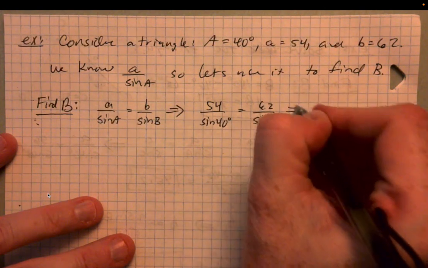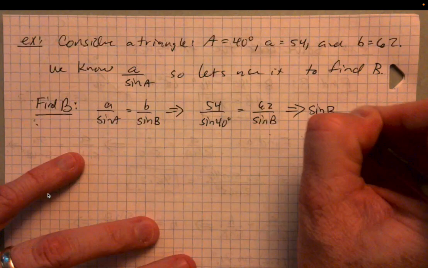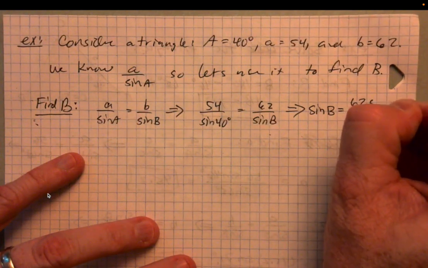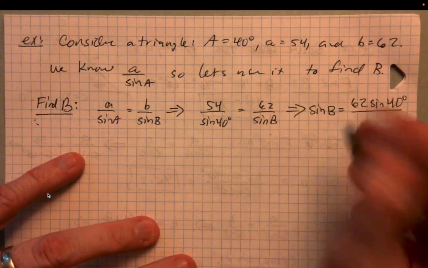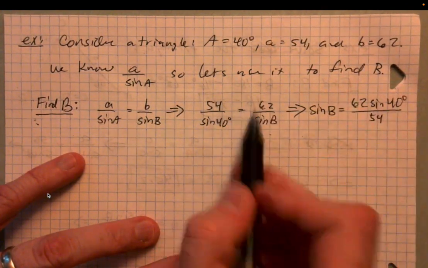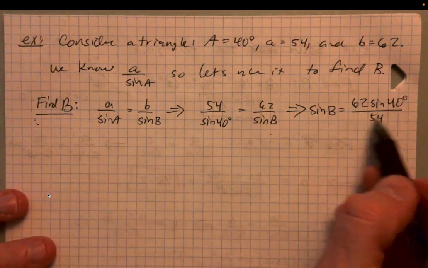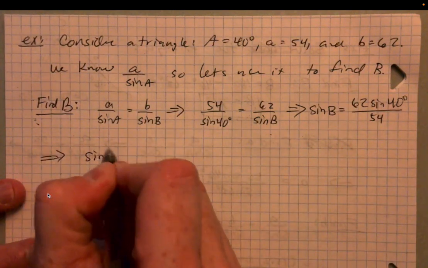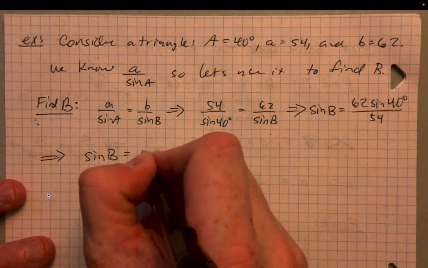Okay, and so I can do a little algebra to this, and what you'll find is that the sine of B is equal to 62 times the sine of 40 over 54. Right, so that's just algebra. I'm just taking this expression here, rearranging it. Okay, and so you can figure out what this whole thing, sine of B, is equal to: approximately 0.738.